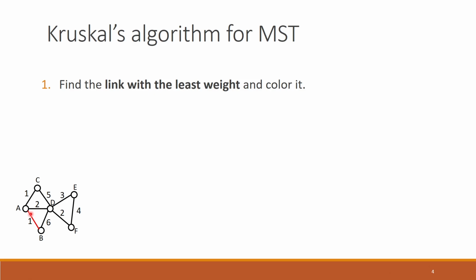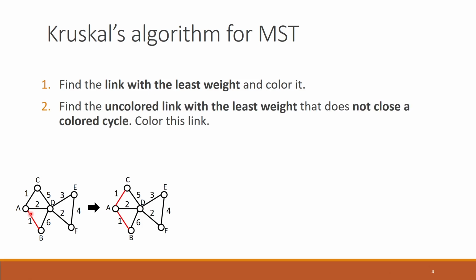So we have now colored it red, okay. Now what we do is that we find the uncolored link with the least weight that does not close a colored cycle, and then we color this link, okay. So what does this mean here? We want to find that link which is currently black and has the least weight, but one important thing is that once we color that link, we should not be getting a red colored cycle, okay.